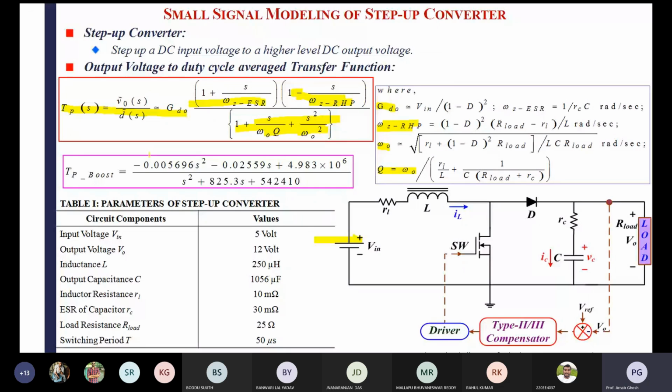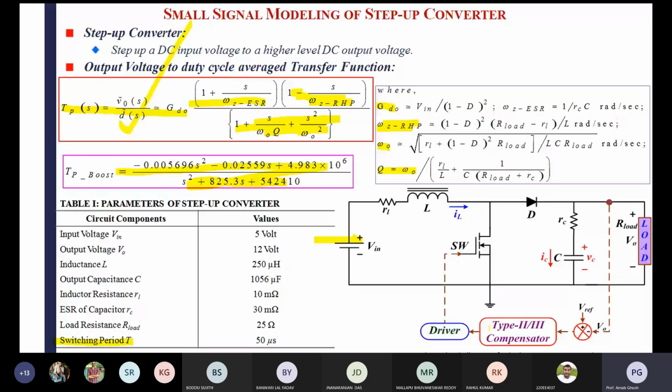Here you are able to use the type 3 compensator. You are sensing the output voltage, that is V0, and then you have the reference value Vref.